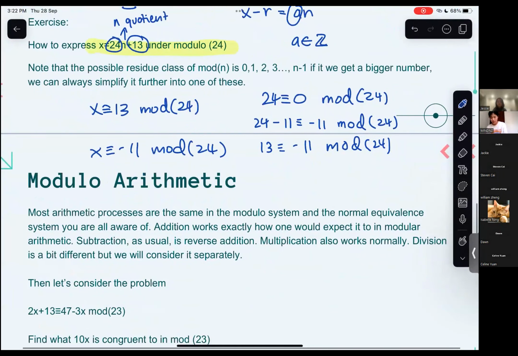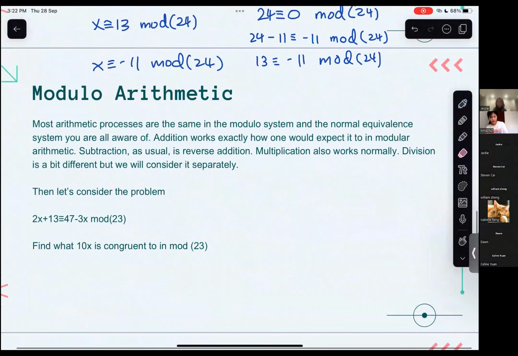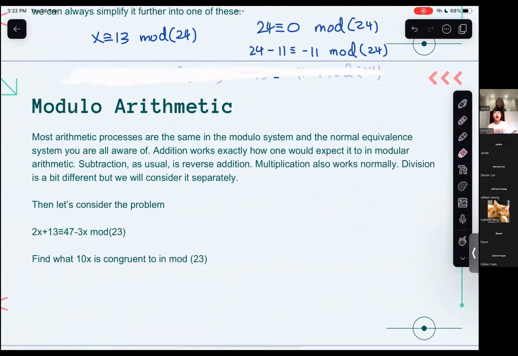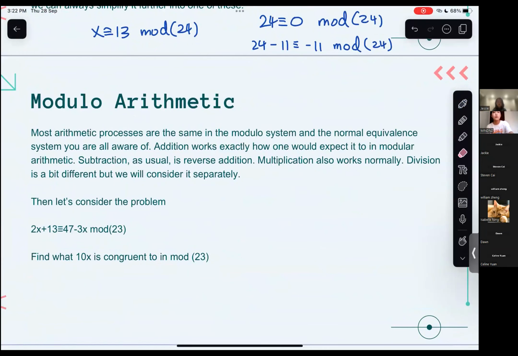So now let's talk about modular arithmetic. What arithmetic processes can we think of? Just a really basic one we use in everyday algebra. Can anyone think of any?